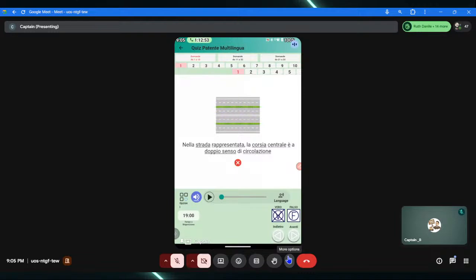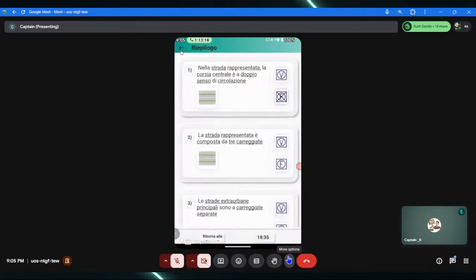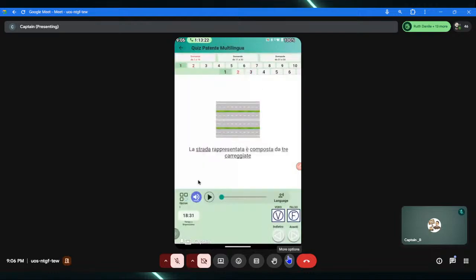This is called carreggiata centrale, carreggiata. It is not corsia. I told you, it's carriageway, it's not a corsia. Three carreggiate: 1, 2, 3. Pay attention. Don't be in a hurry. La strada rappresentata è composta da 3 carreggiate. Vero.